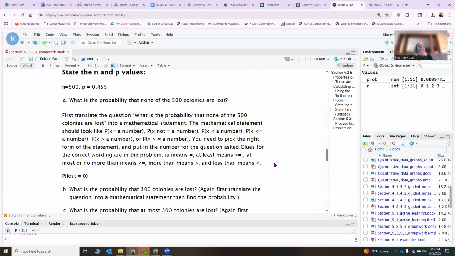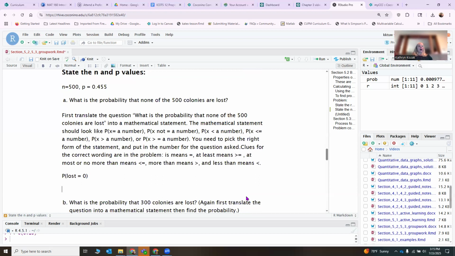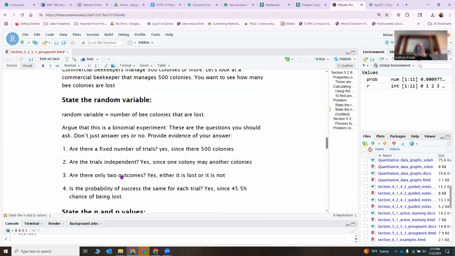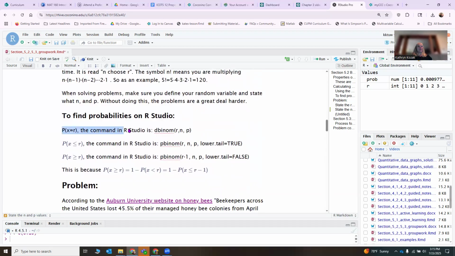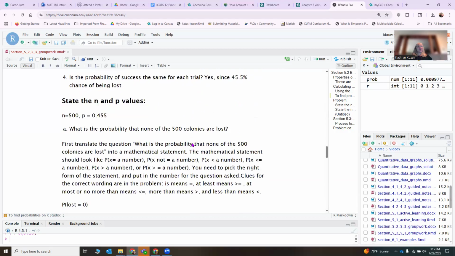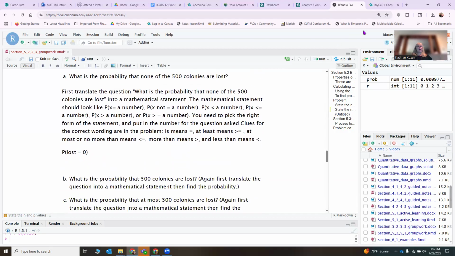So I'm looking at the probability of something equaling 0. So going back up here, that means I'm going to be using the probability that x is equal to a number, and that's this dbinom with x, n, and p.